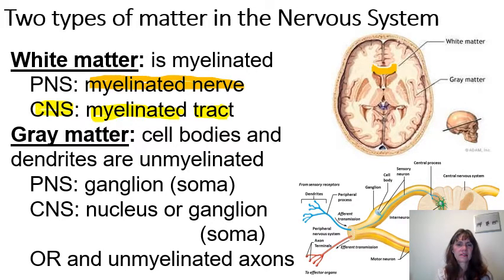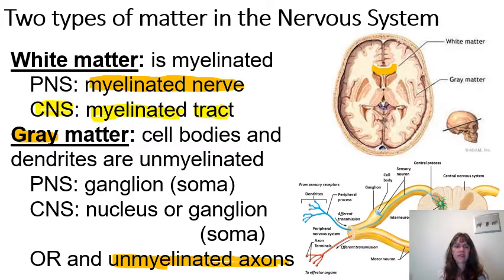Not all axons in the nervous system are myelinated. Sometimes axons are unmyelinated, and any structure that does not have myelin is considered to be gray matter. White if it's myelinated, because it's got lots of fat in the form of phospholipids and has a whitish appearance.